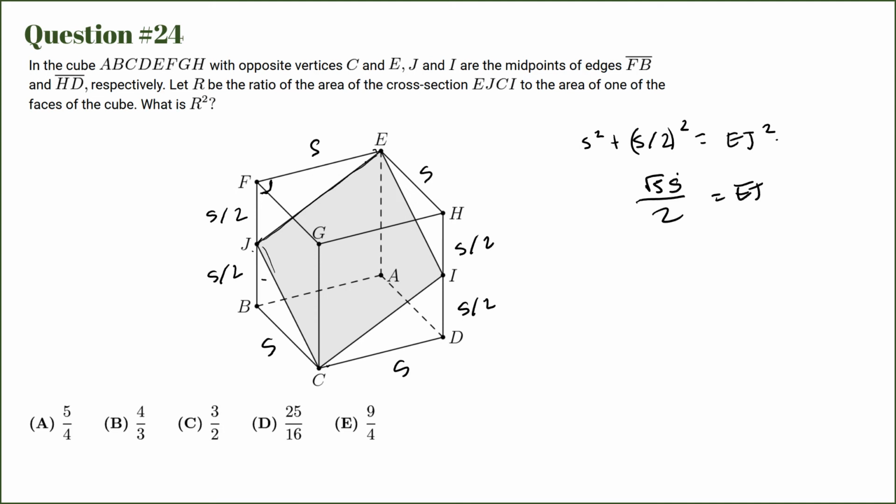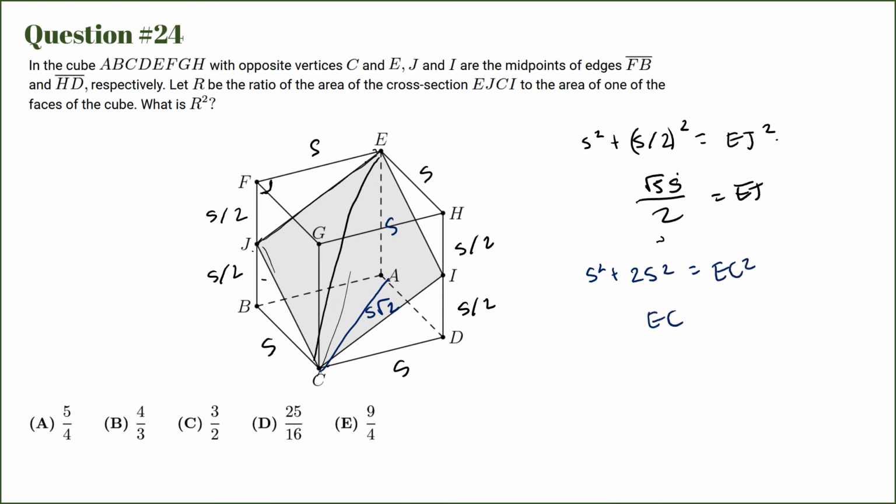You can find the area of the rhombus by multiplying the diagonals and dividing that by 2. So let's see what EC is. So EC squared is AC squared plus AE squared. So what is AC? AC is S root 2, and this is S. So S squared plus 2S squared equals EC squared.